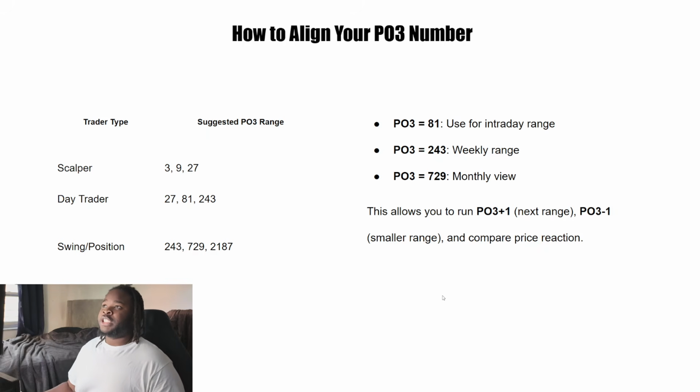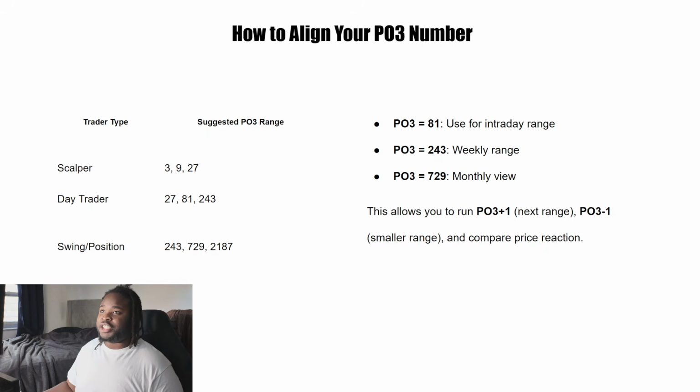And to give you an idea on the ranges and how to align your PO3 number as a reference, there's this guide, right? We have different trader types. We have a scalper, we have a day trader, and we have a swing and position trader.